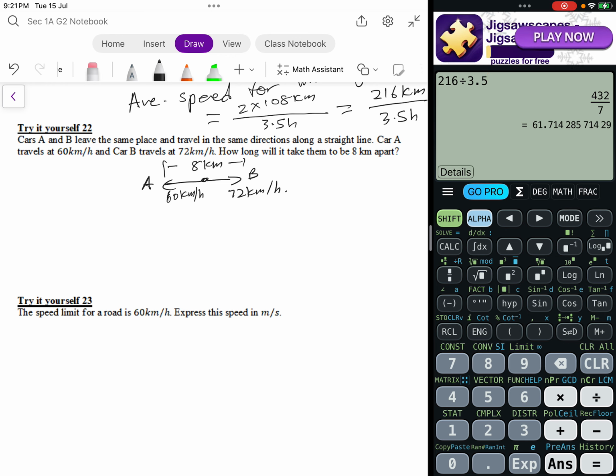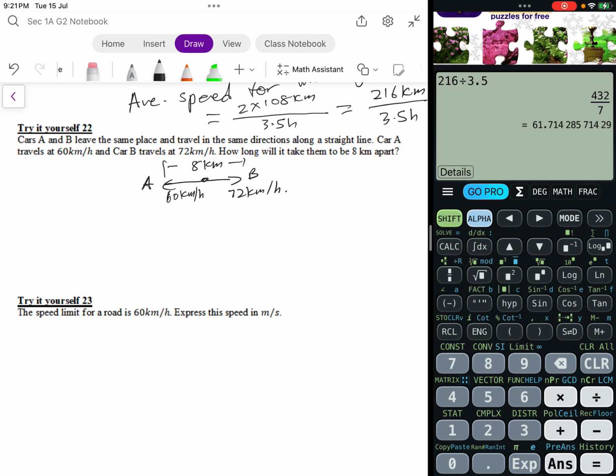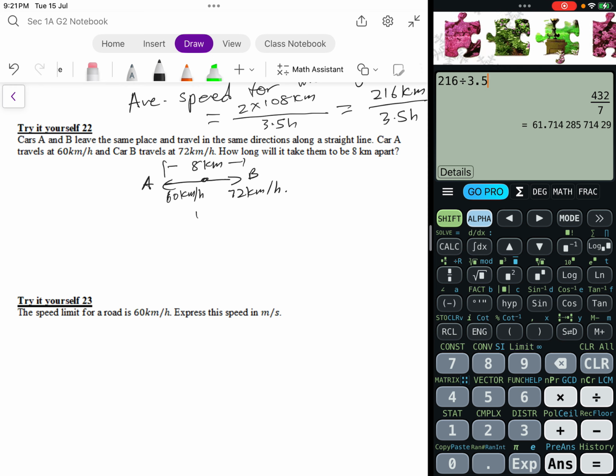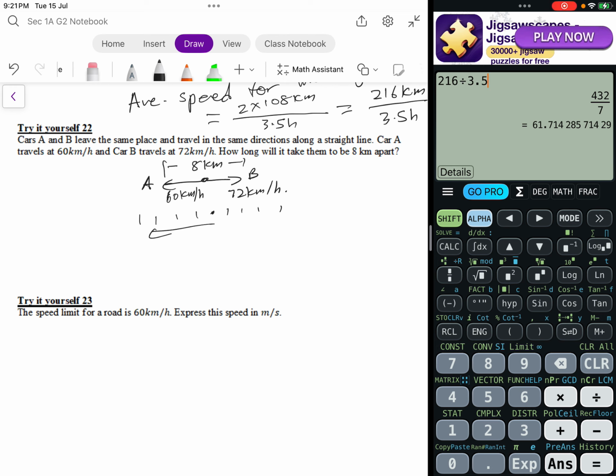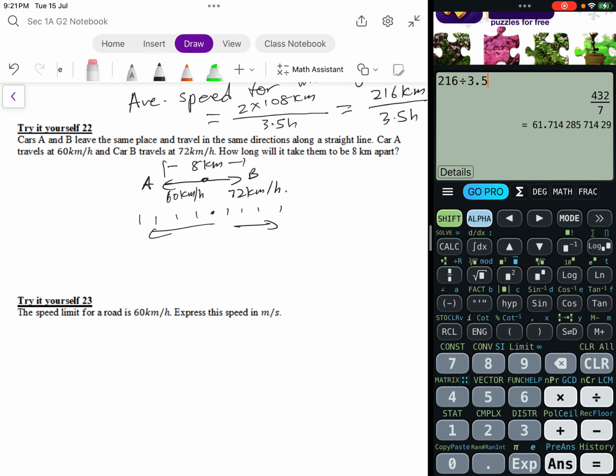Okay, so overall, every hour, if I combine their speeds, right? So per hour, they are traveling 60 plus 72. Imagine every hour they are traveling this distance when they start from here, right? Then as every hour passes, they are further and further apart as they go in the opposite direction.